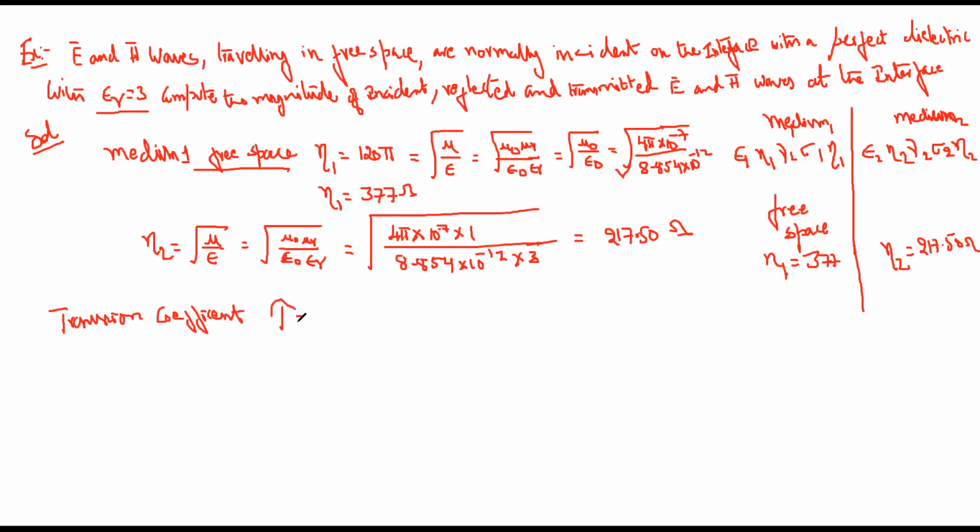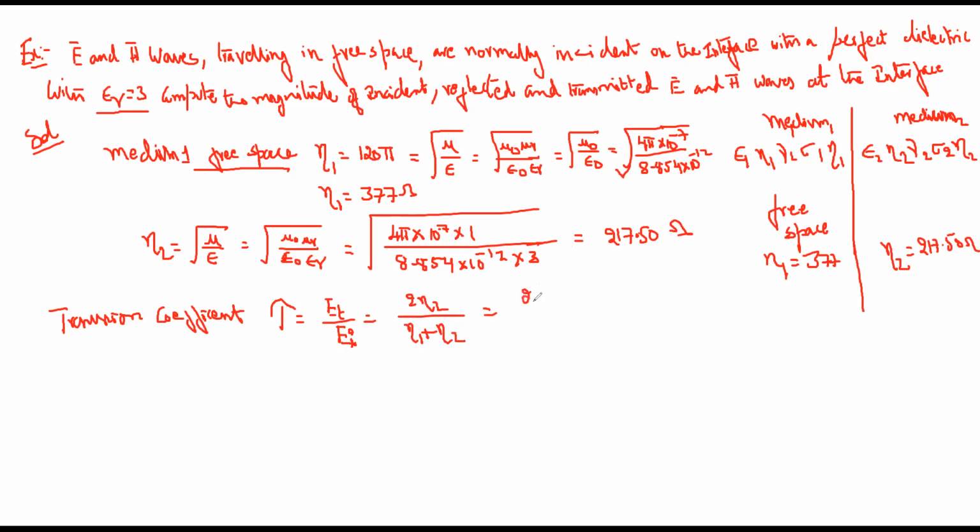Tau is equal to ET by EI, where ET is transmission and EI is incidence. And also we have the formula 2 eta 2 by eta 1 plus eta 2. So we know eta 1 and eta 2 for medium 1 and medium 2.